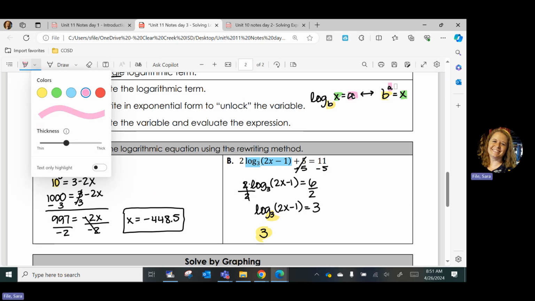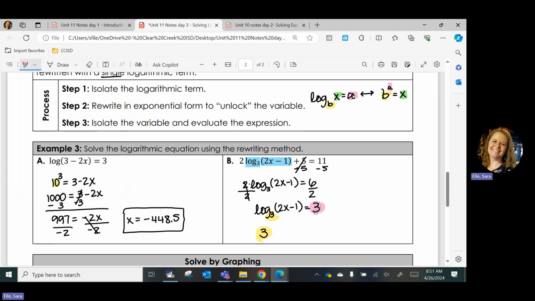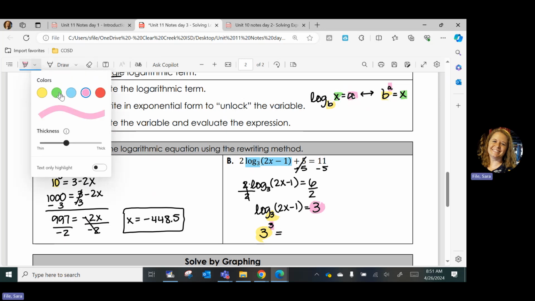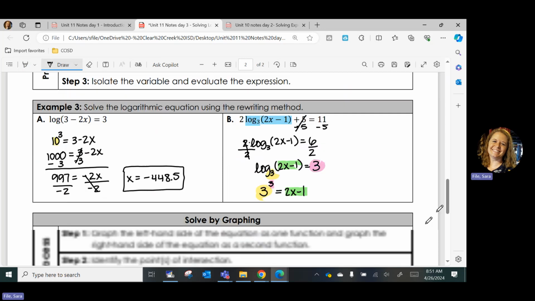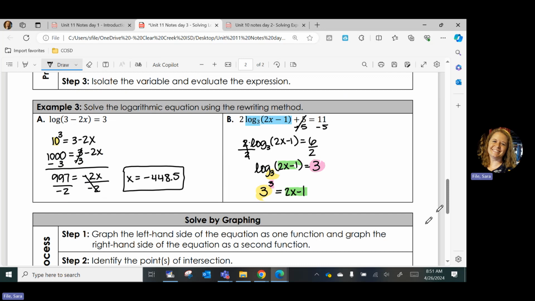So over here, what becomes the exponent is what the log was equal to. So that's also 3, but it's from a different spot. It just happens to also be a 3. And then that is going to equal, up here, what you were taking the log of. So 2x minus 1. So I've got it rewritten from log to exponential.